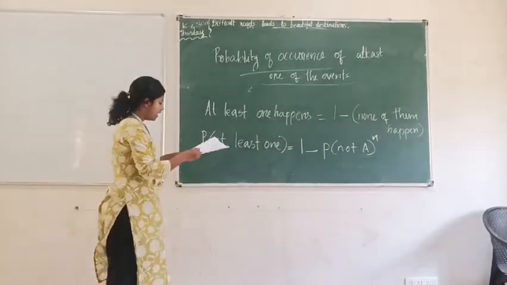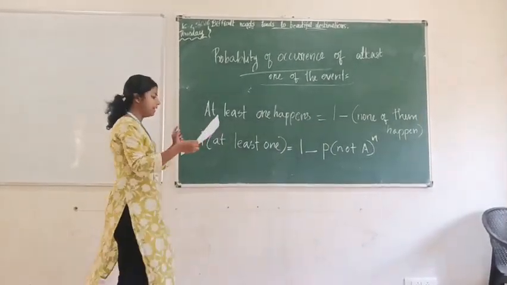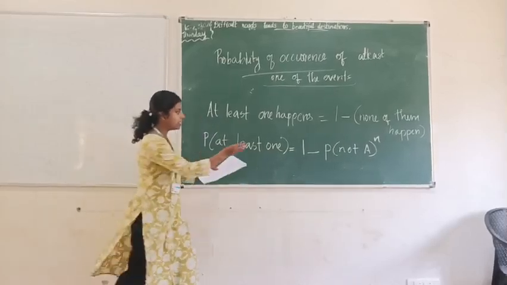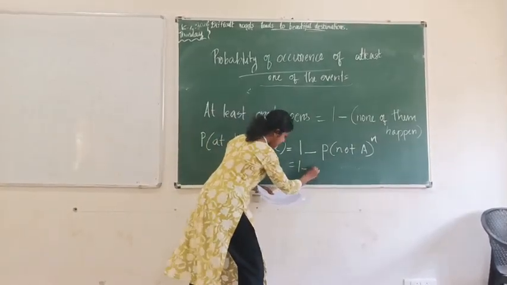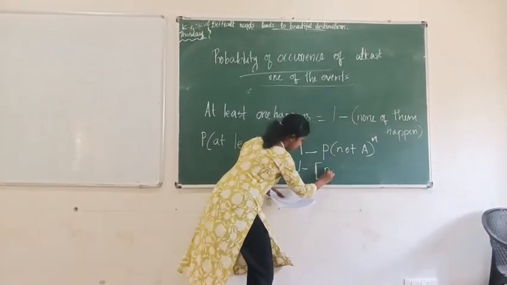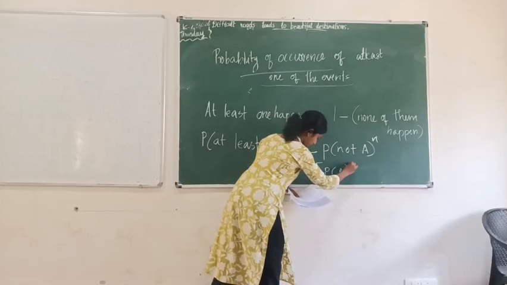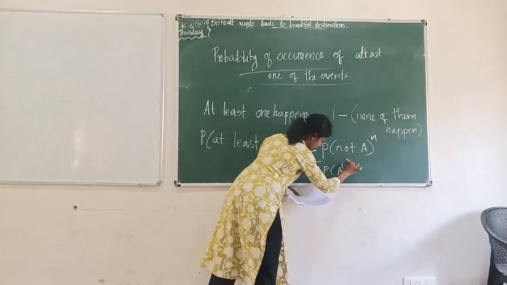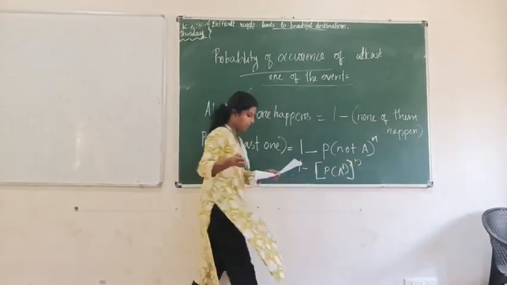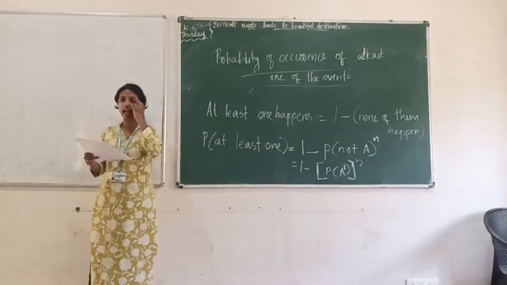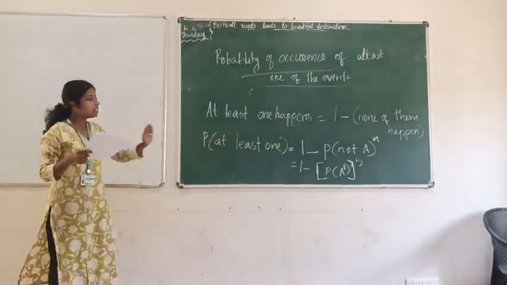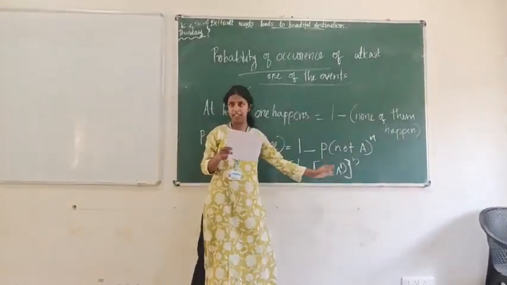So we can write this as 1 minus P of A dash, all raised to n. Understood? Here there is only one event happening, that is A.